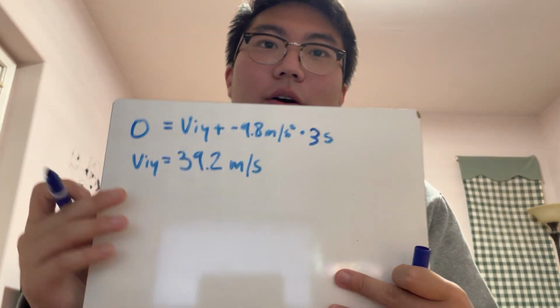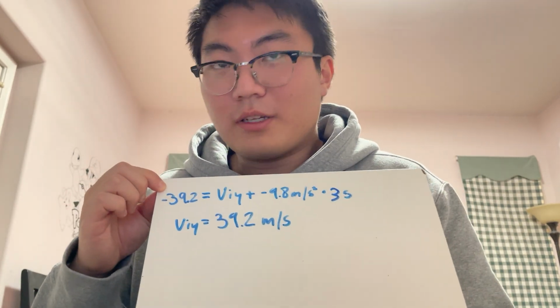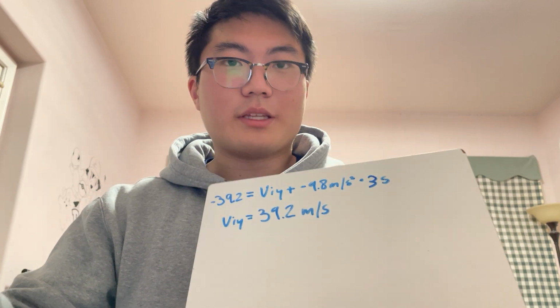And then on the way down, what I did was I just made the final point as 39.2. And then I started going down again.